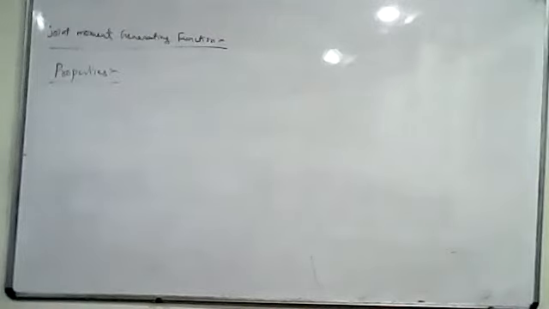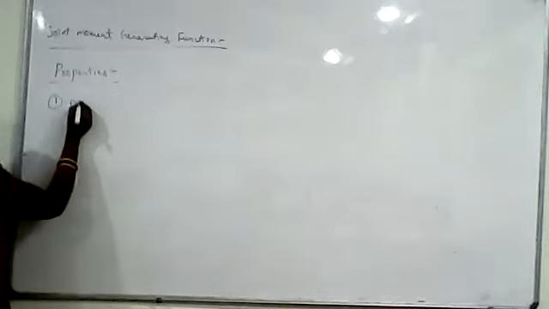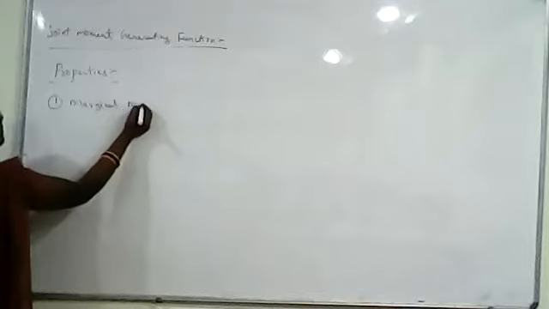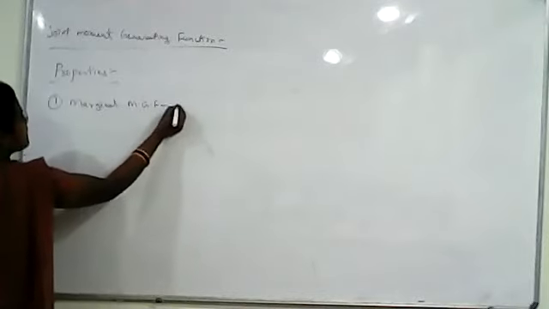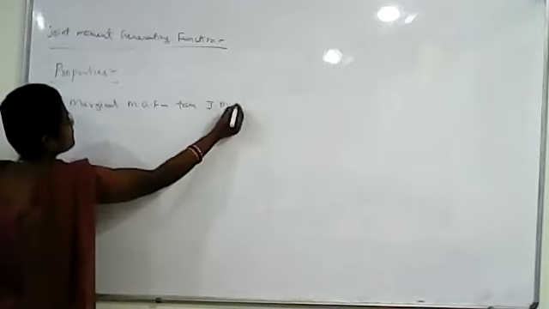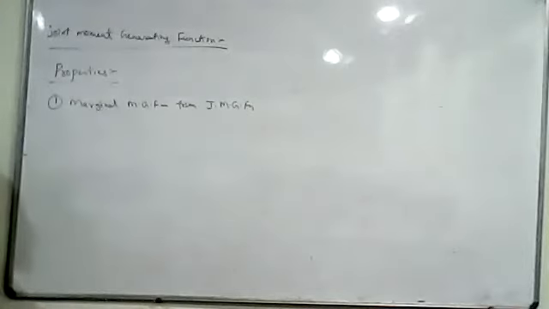Properties of the joint moment generating function. The first property is that marginal moment generating functions can be obtained from the joint moment generating function.